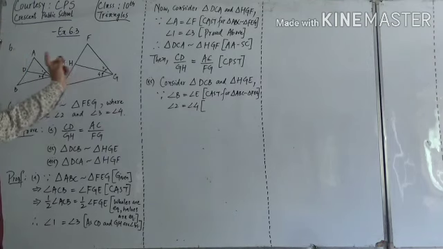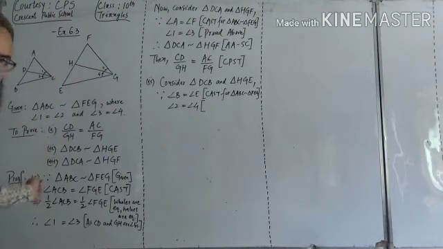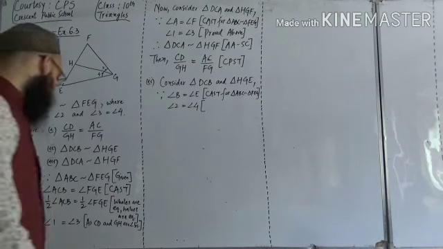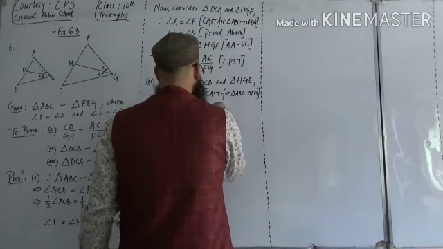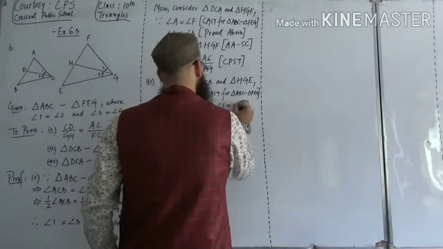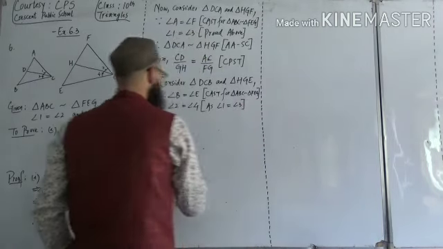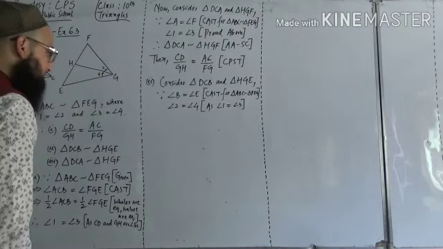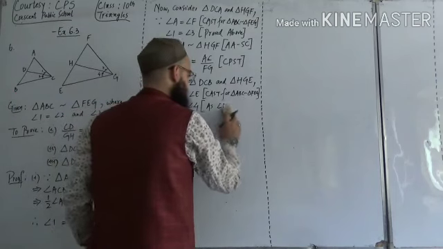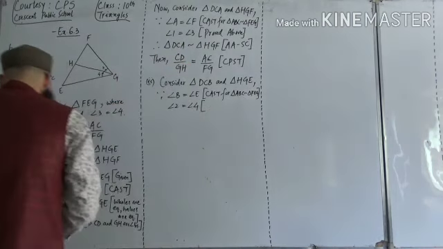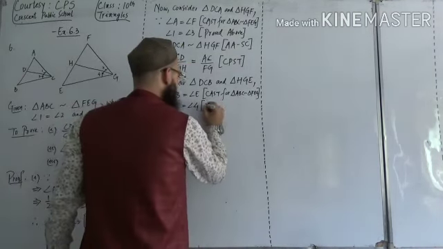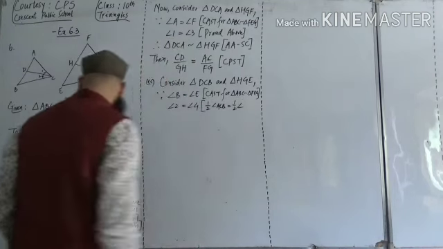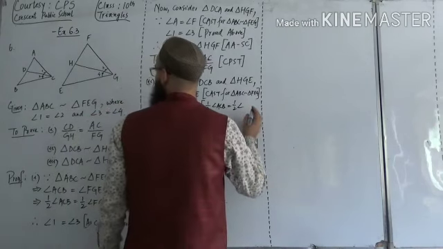As angle 1 is equal to angle 2, these are the half we took here, then the rest of the half is this. So I can write the reason as angle 1 is equal to angle 3. You got it? Or you can write the reason as half of angle ACB is equal to half of angle FGE.